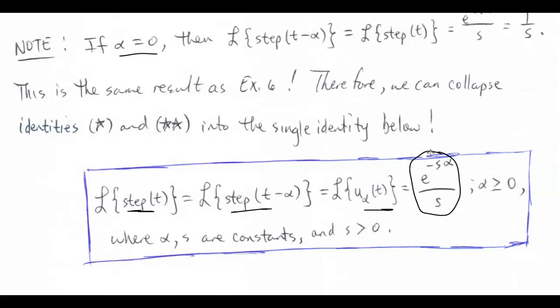We wouldn't necessarily need to know explicitly what the Laplace transform of 1 is if we had the unit step function. We still identify that, but technically speaking, if we were to cite the Laplace transform of a unit step function shift, it would automatically include this if we gave the condition that alpha has to be greater than or equal to 0.